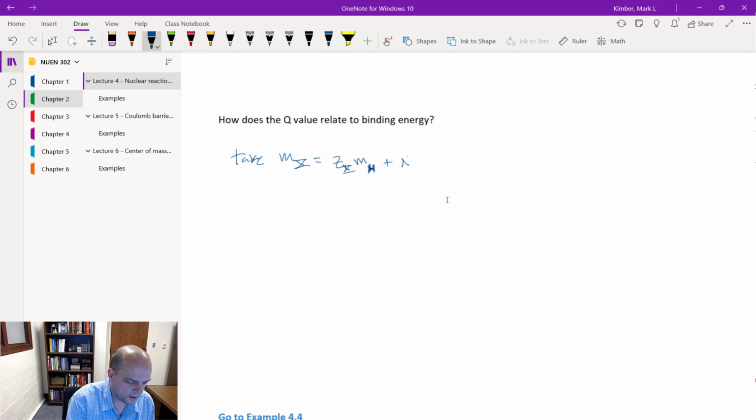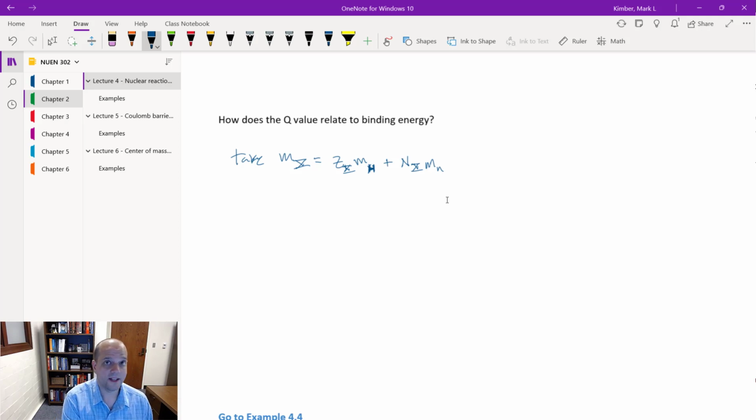And I'm going to add the number of neutrons of that same heavy particle times the mass of a neutron. And these two are not going to be equal. They're going to differ by a factor of the binding energy. But because these are masses, now it's got to be binding energy divided by c squared.